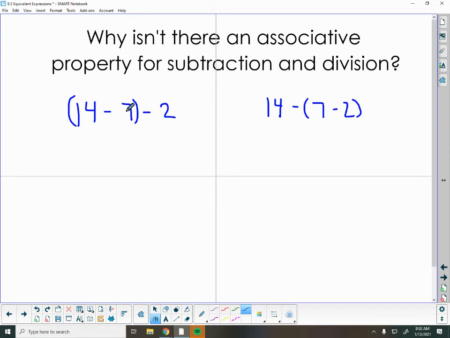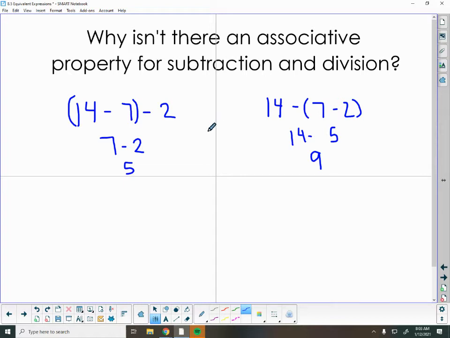If I do 14 minus 7, that is 7. And then we're going to minus 2 is 5. Here we have to do 7 minus 2 first is 5. 14 minus 5 is 9. So when we associate different numbers in subtraction, it gives us different answers.